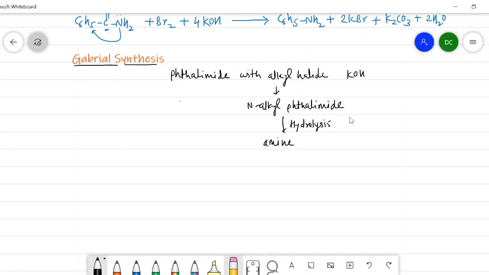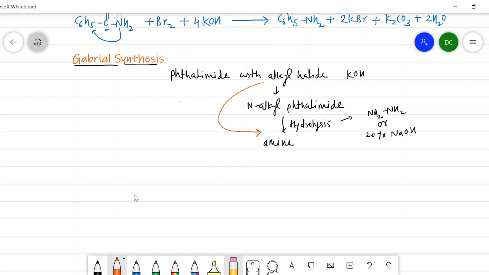This hydrolysis may be carried out in presence of hydrazine hydrate, that is NH2NH2, or 20% NaOH. In this way, we can convert alkyl halide into the corresponding amine by the reaction of phthalimide with the alkyl halide, and in the second step there is a hydrolysis.